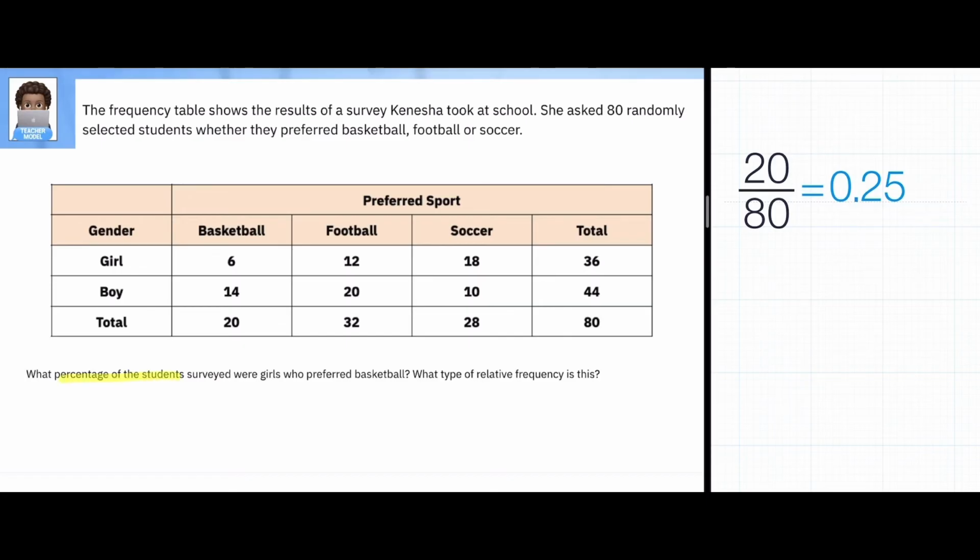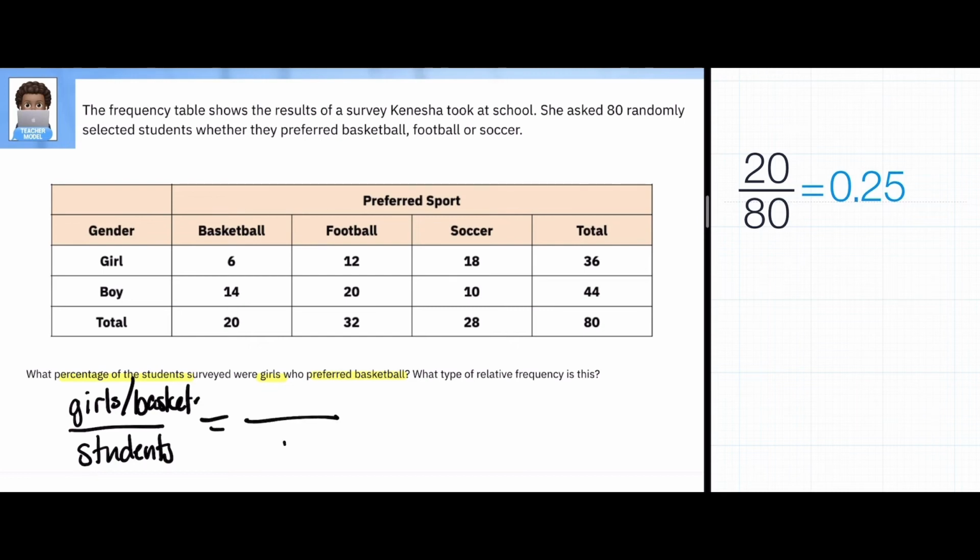What percentage of students surveyed were girls who preferred basketball? Ooh, this one's a little trickier, right? Because we want to know the percent of the students, so we still want all the students, but we want girls and basketball.